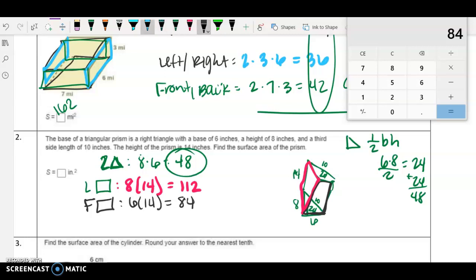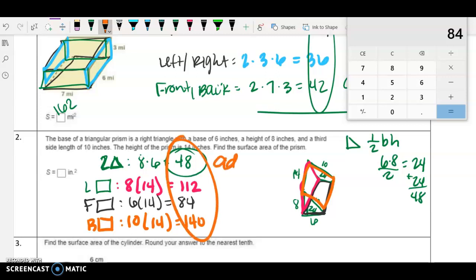And then we have the back rectangle, and that's 10 times 14. And now we add these up. So we have 48 plus 112 plus 84 plus 140, and we get 384.